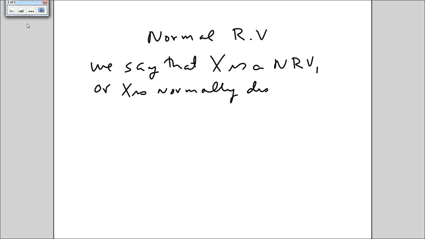You'll hear that a lot. X is normally distributed with some parameters. And we've seen these parameters before: mu, the mean, and sigma, the standard deviation.